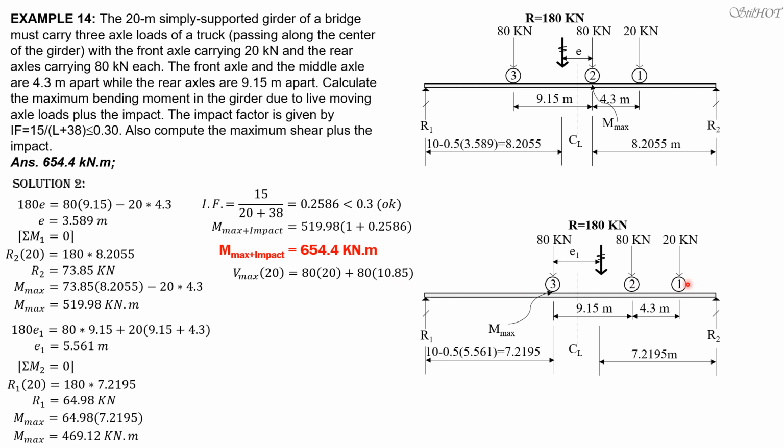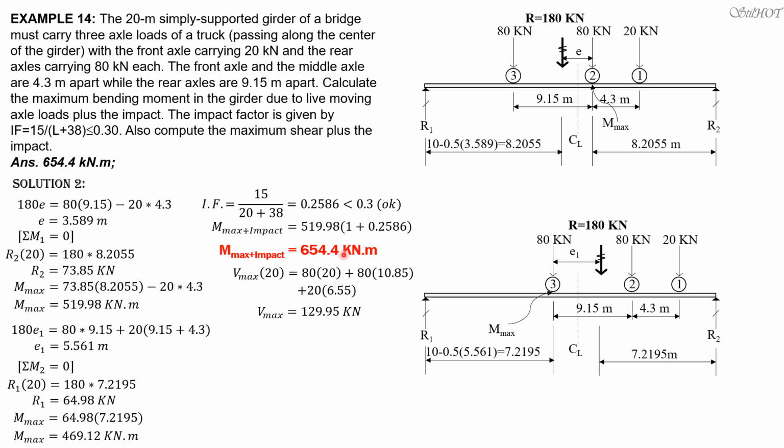Then plus 20 times the quantity 10.85 minus 4.3, so 20 times 6.55. So 6.55 is the distance of load 1 from R2, and that is 10.85 minus 4.3. So the maximum shear without impact is 129.95.